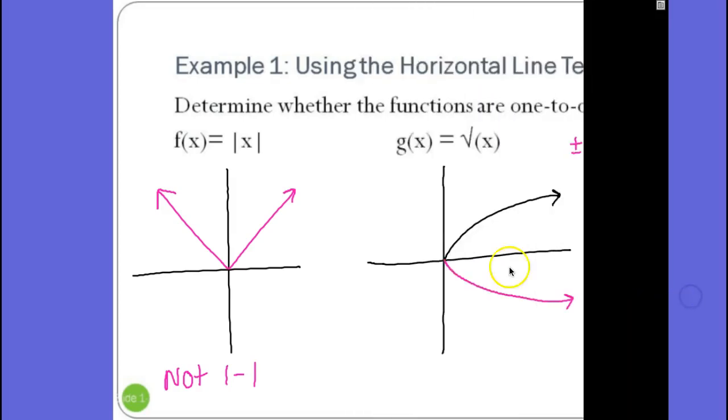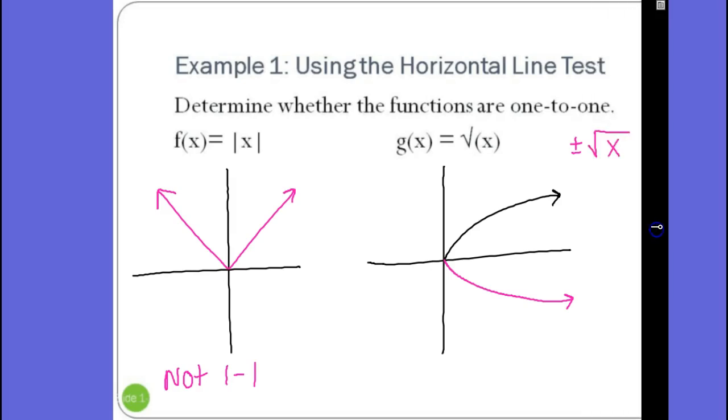Okay? So, the black curve is the square root of x. Does the square root of x pass the horizontal line test? Yes. The second piece is as if you graphed plus or minus the square root of x. Does this pass the horizontal line test? Yeah.